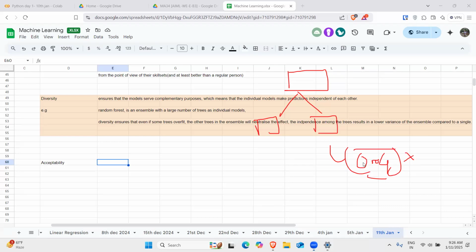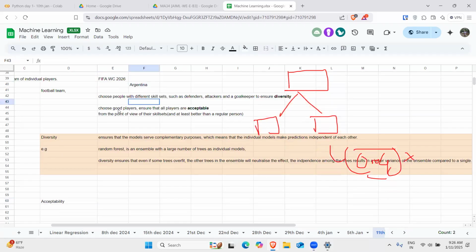We should choose good players in order to win this World Cup, to ensure all players are acceptable. Similarly, we should select a model that is at least better than a random model.